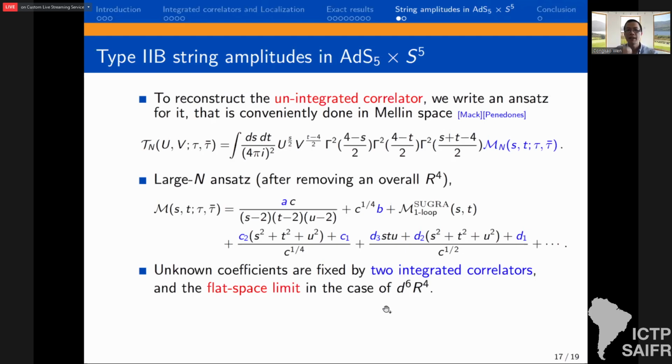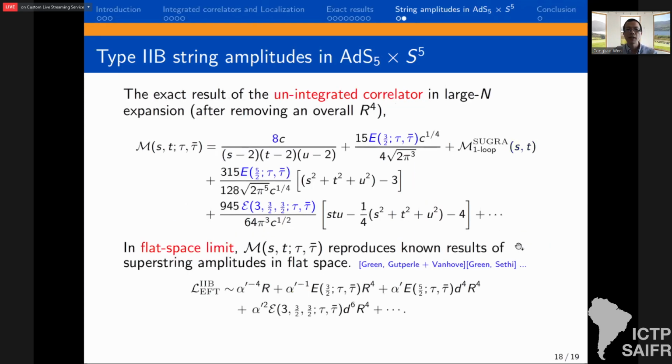That gives me yet another condition combined with these 2 integrated correlators. I can fix all those D1, D2, D3. Having done that, that's the answer we found for this unintegrated correlator in the large N expansion up to the order D6 R to the 4.